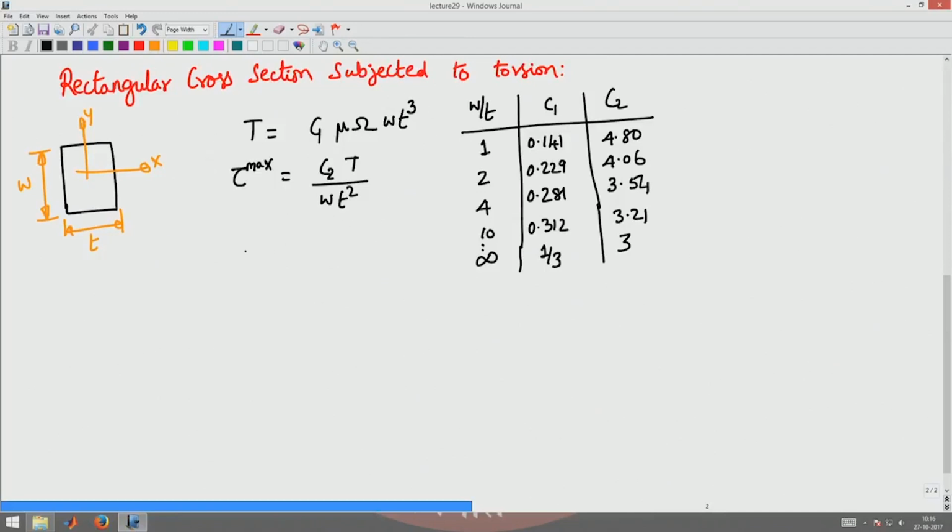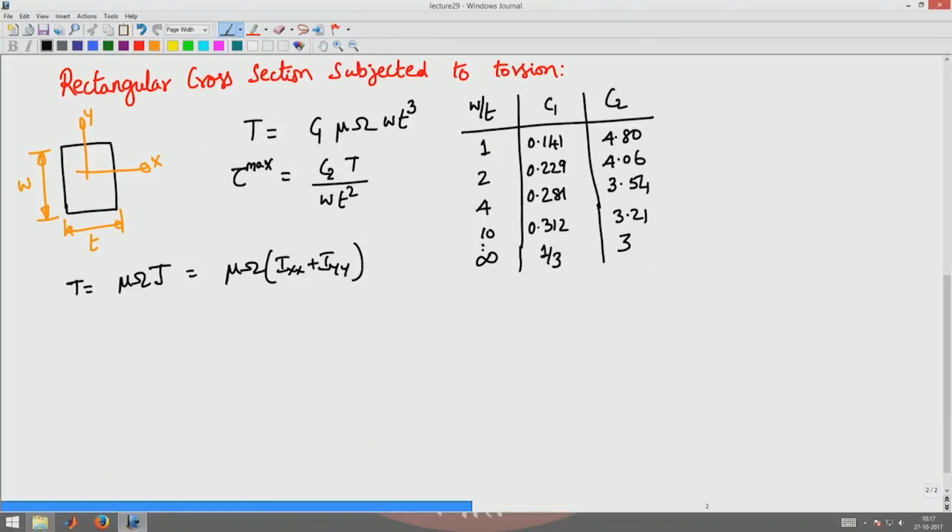If you note that what we got before, from the previous expression, was T equal to mu omega j, the polar moment of inertia. In particular it will be mu omega (I xx plus I yy), because polar moment of inertia is the integral of x square plus y square dA.